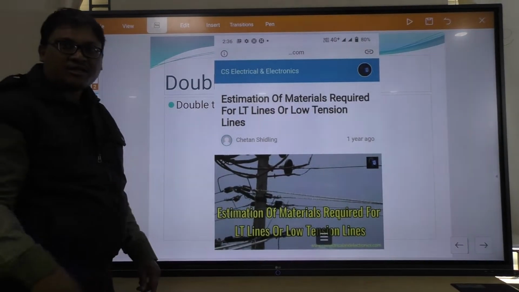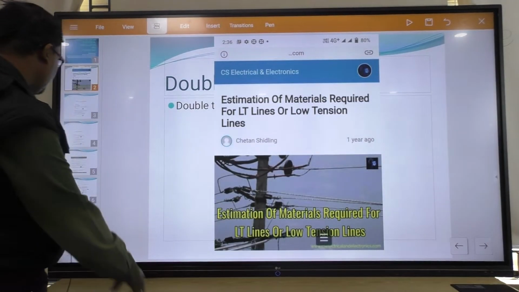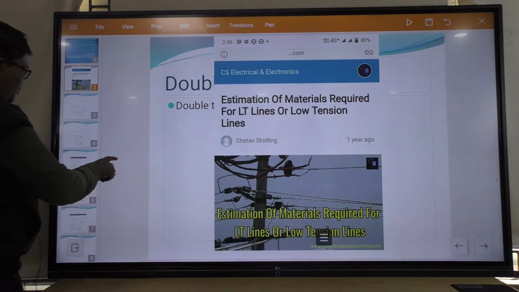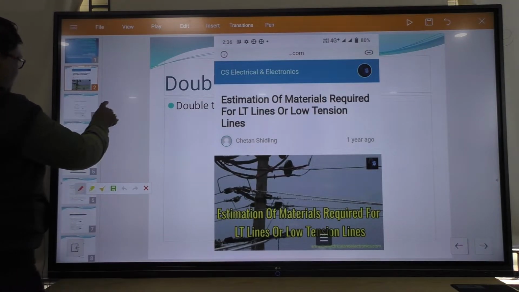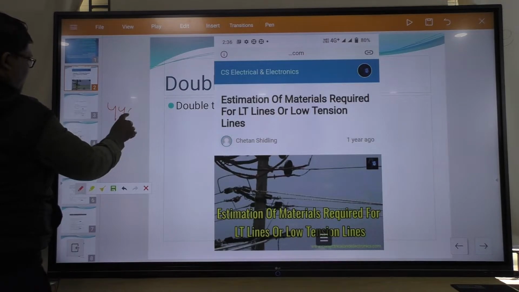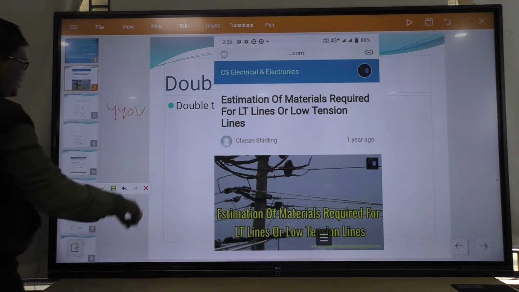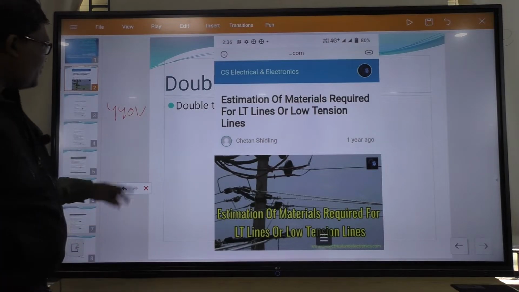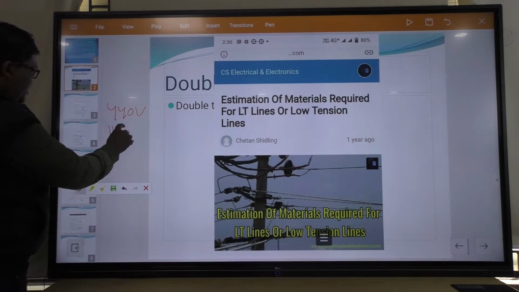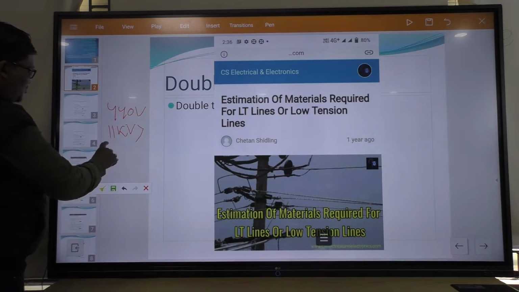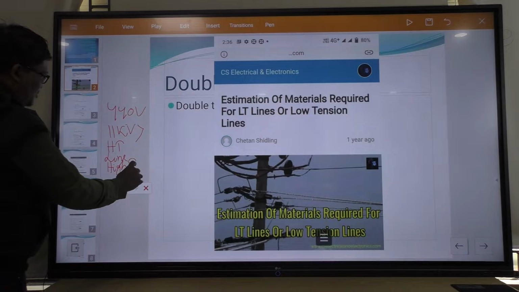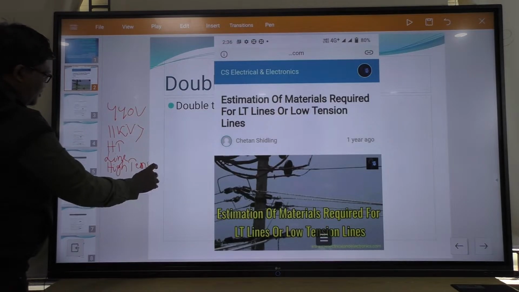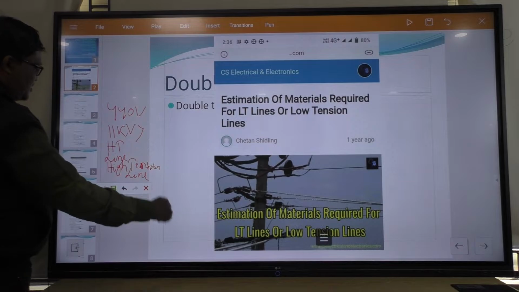So, what are low tension lines? If the voltage is up to 440 volt, that is known as LT distribution, and 11 kV and above is known as HT line, that is, high tension line.